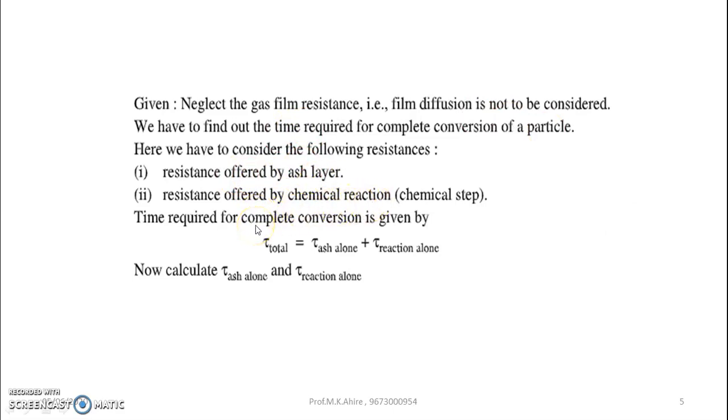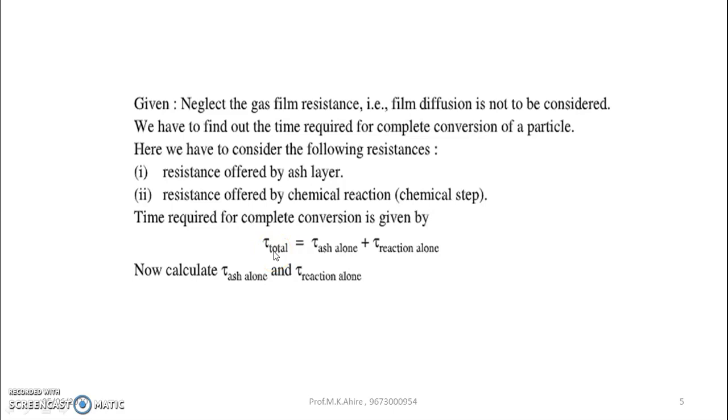So your total time required for the reaction, the complete conversion of the reacting component, will be the addition of both completion times, when ash layer resistance alone is present and when chemical reaction alone is present. You have to just calculate tau of these two and sum them, and it will be the total time required for complete conversion of that particle.